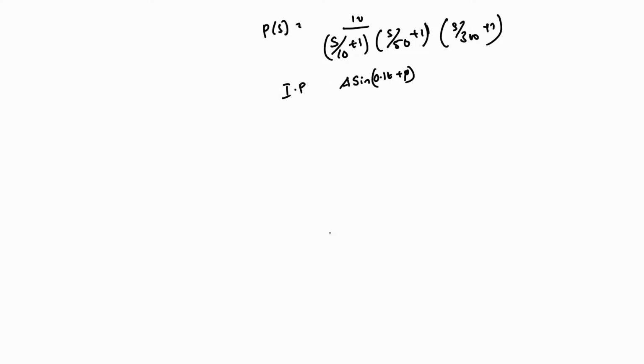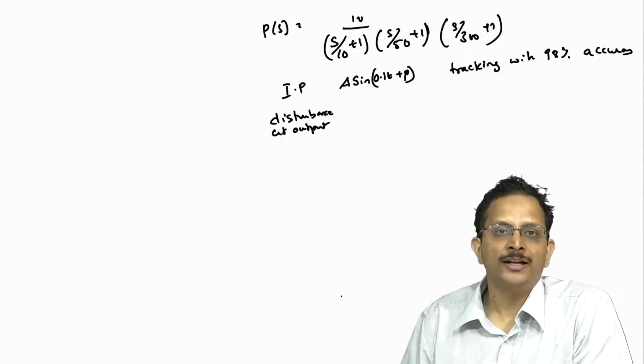This signal has to be tracked with 98% accuracy. The plant also is assumed to experience a disturbance at the output, at 0.2 radians per second.